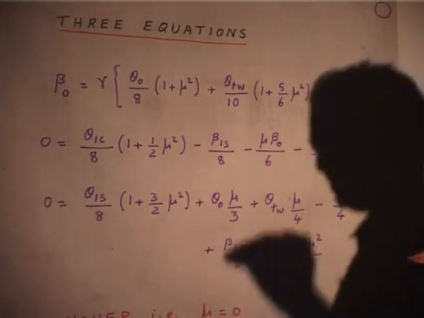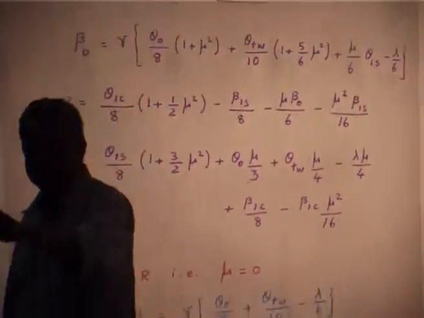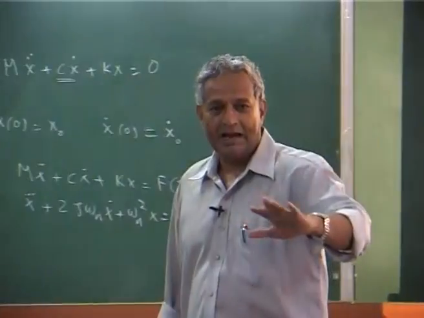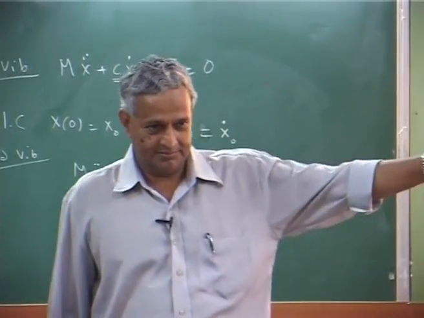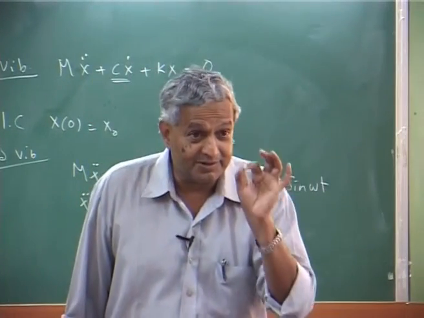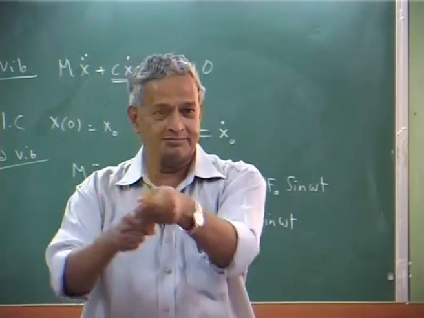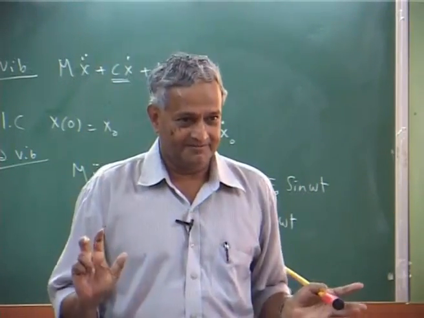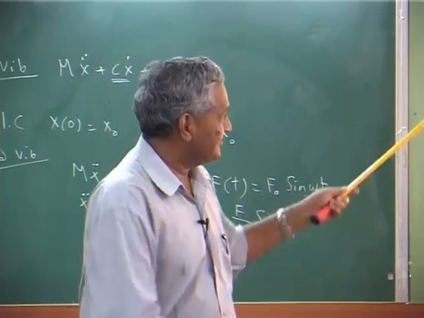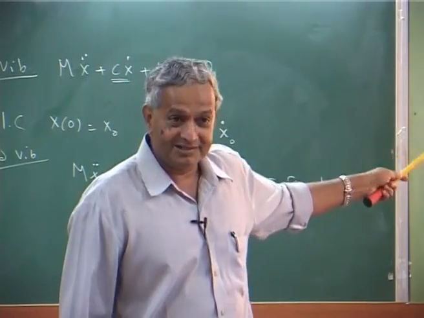That means, if you are specified the operating condition of the rotor, I can get the flap response. Steady state flap response, please understand, steady state means the blade will keep on doing the same thing, okay. And that is what we are getting from this equation.